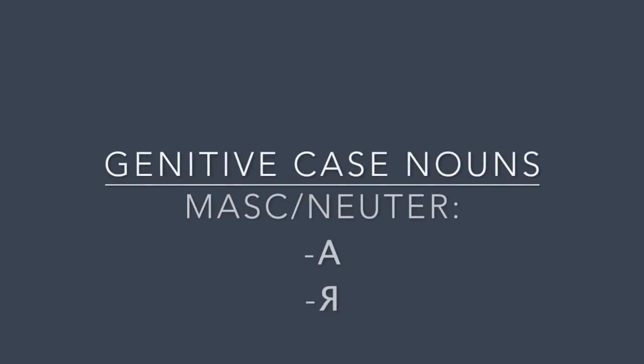As you may have already noticed, in Russian we always have two options for endings. So for masculine and for neutral nouns in genitive case, the endings will be either а or я. So for certain nouns you will take а, for some other nouns you will take я. In the beginner stages you will mostly use а.